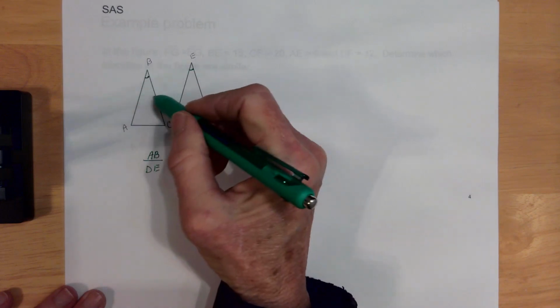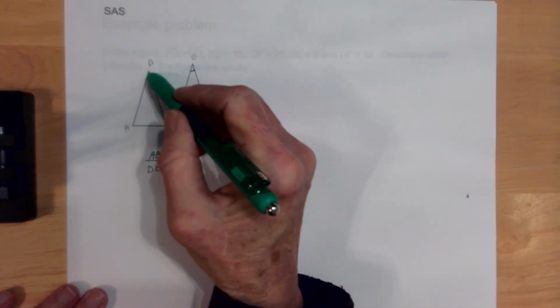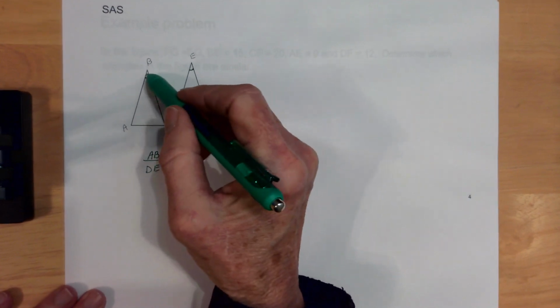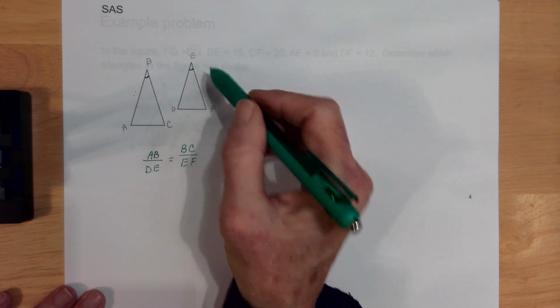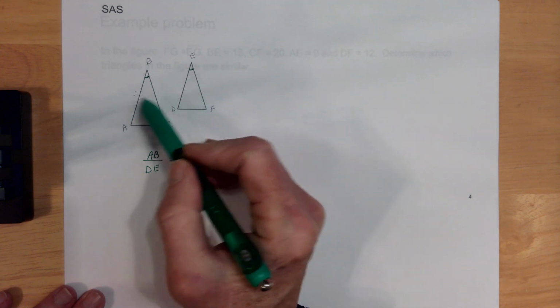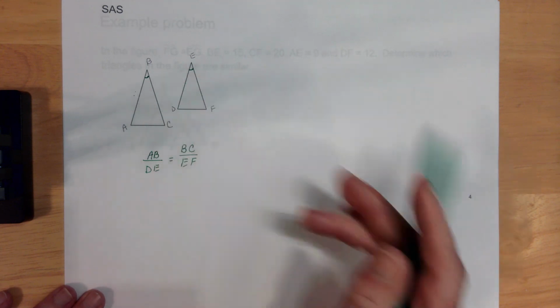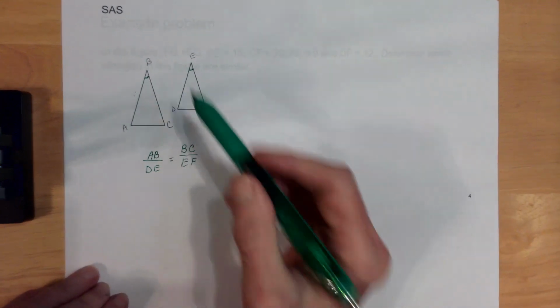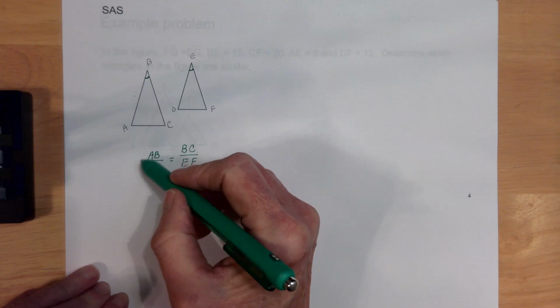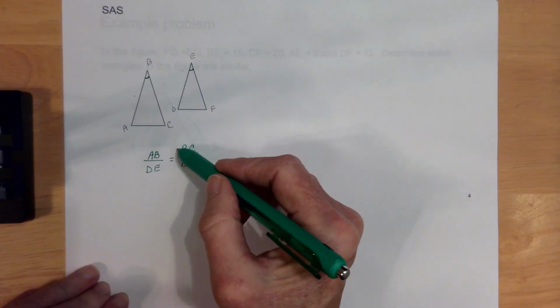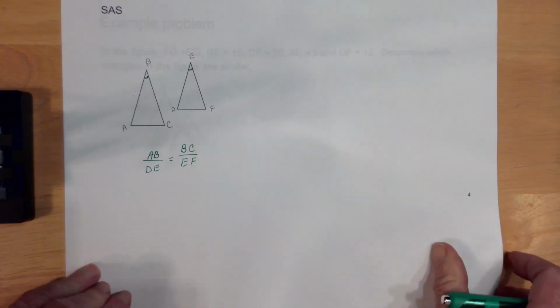So that would be the 2 sides on both sides of that angle. So side, angle, side. Now remember, you're not saying that the sides are equal. You're saying they're proportional. So if this was 2 and this was 1, this would have to be reduced down to 2 and 1.